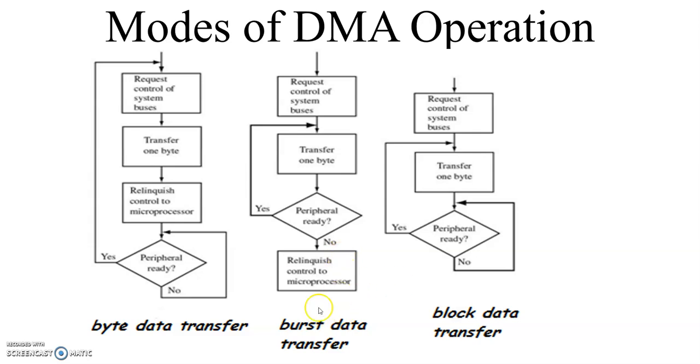In the block data transfer, the DMA controller requests the address, data and control buses, then transfers one byte, and checks whether the peripheral is ready or not. If yes, then it transfers another byte. Otherwise it waits till the peripheral is ready to transfer the data.